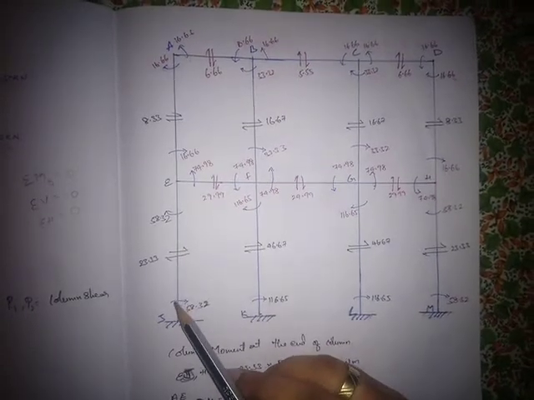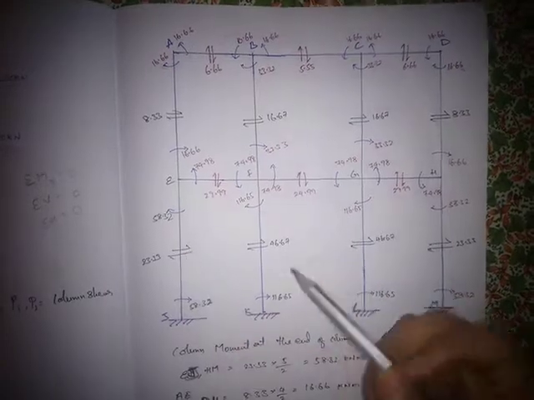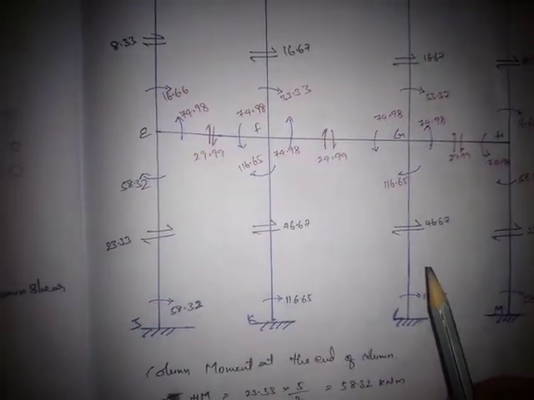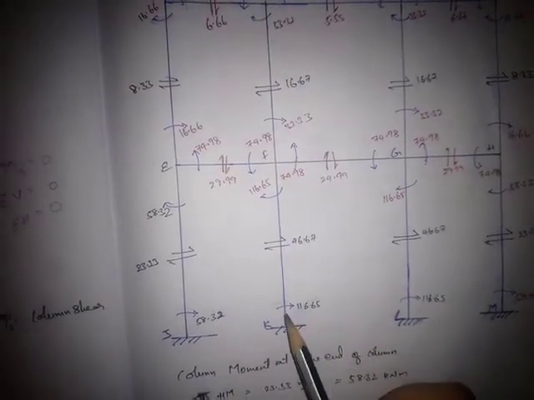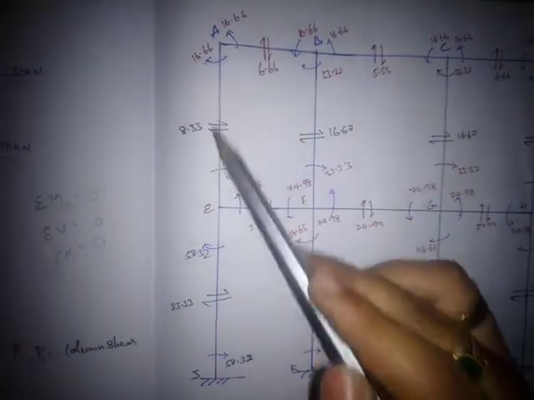So if one moment is acting towards the inner side, the other moment moves upwards, that is clockwise and anti-clockwise. In the similar manner, we are supposed to represent all the column moments at the initial stage.